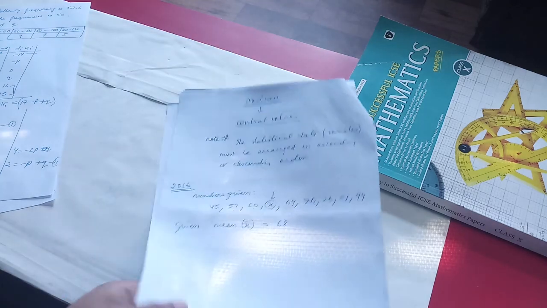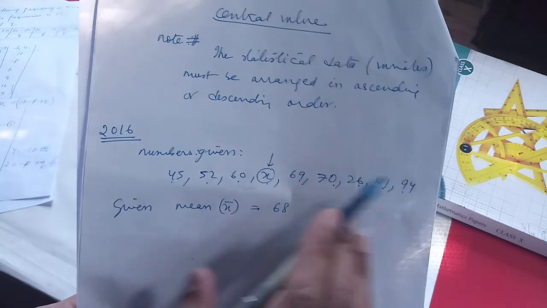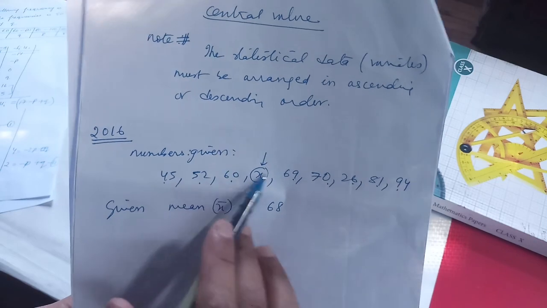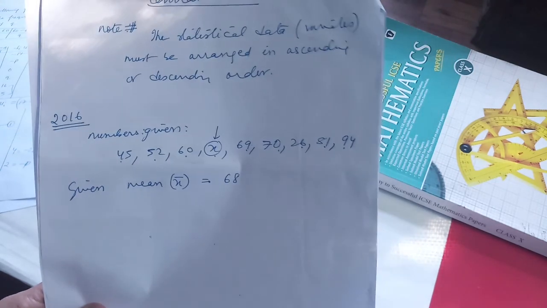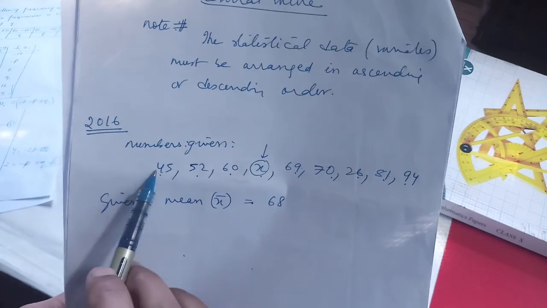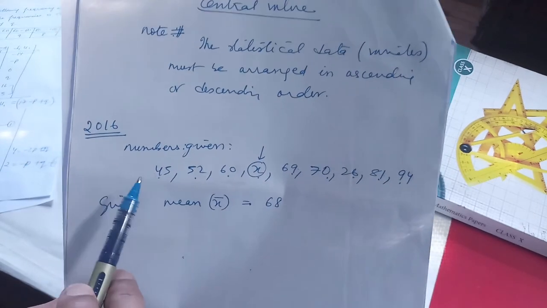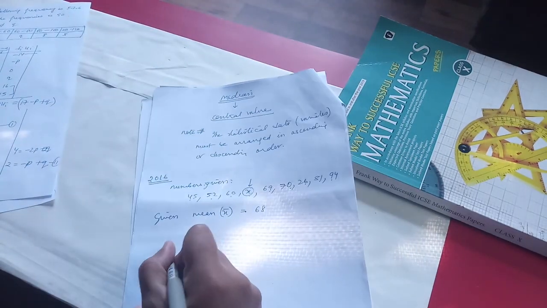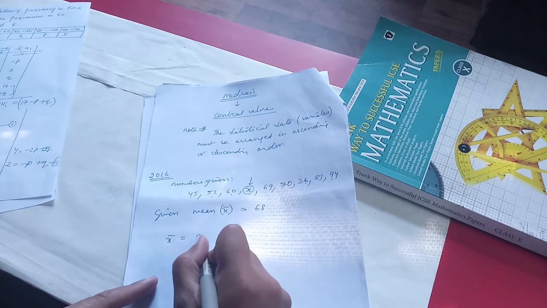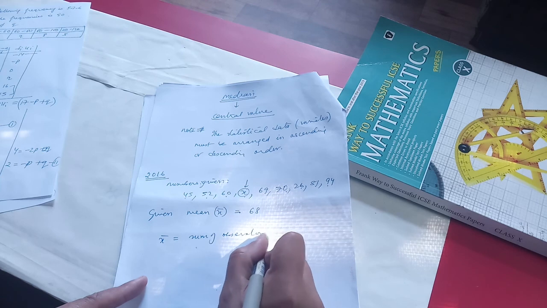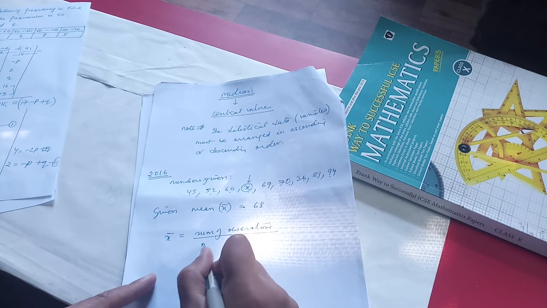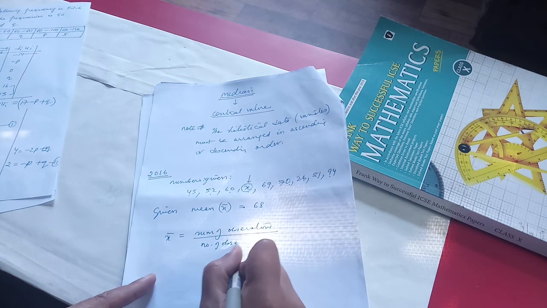Now how will you find the mean? You have to add all of these, the sum of the observations, divided by the total number of observations.